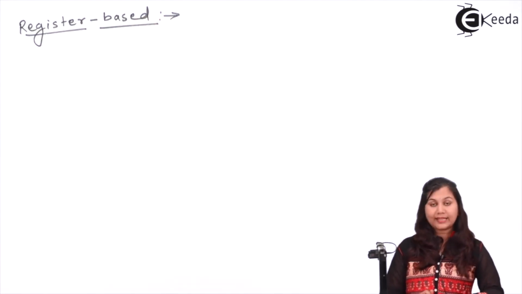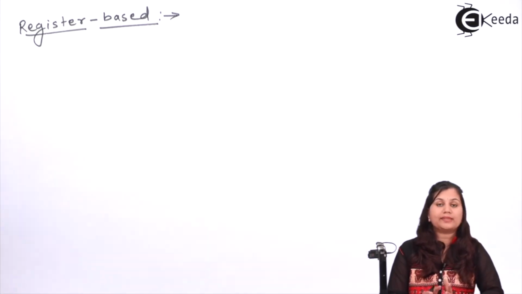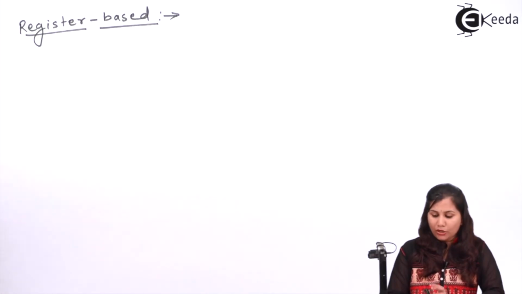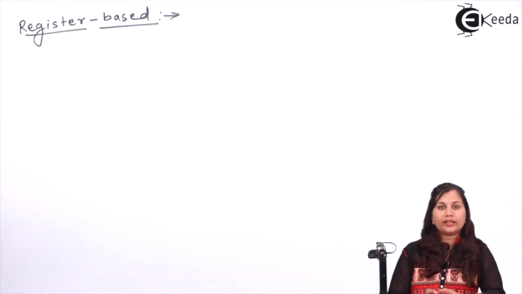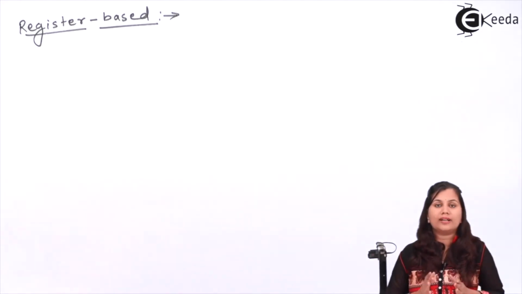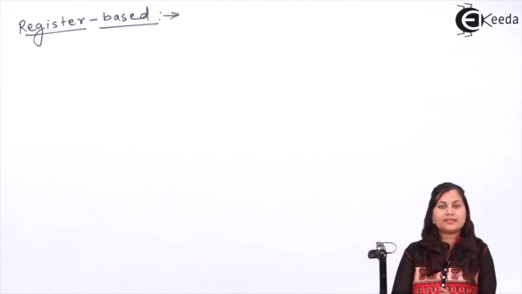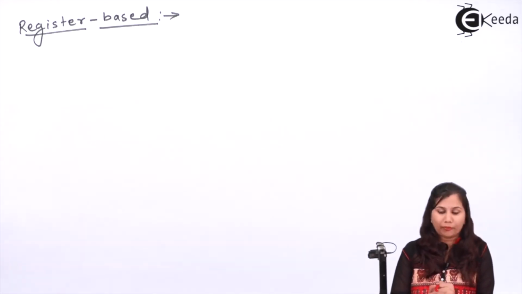Now, as we have said, the microprocessor has programs, instructions, binary data, input, output. So it has some memory so that it can hold the data, hold the results, and store whatever it wants to store. So register based means that the microprocessor has a set of registers or a set of memory, and this memory is used to store or hold the input or the intermediate results or the output of the different operations which the microprocessor is performing.